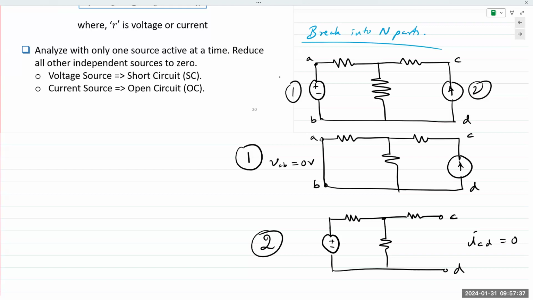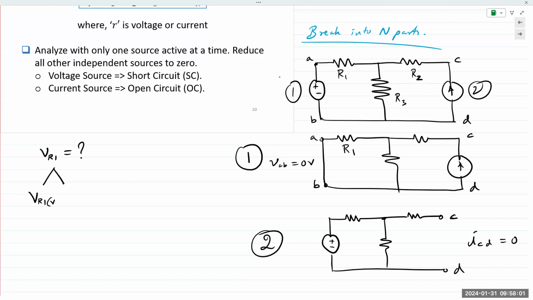In this case, let's say this was R1, R2, R3. If I wanted to find, let's say, voltage across R1, if VR1 was the question, then VR1 is now broken into two parts.